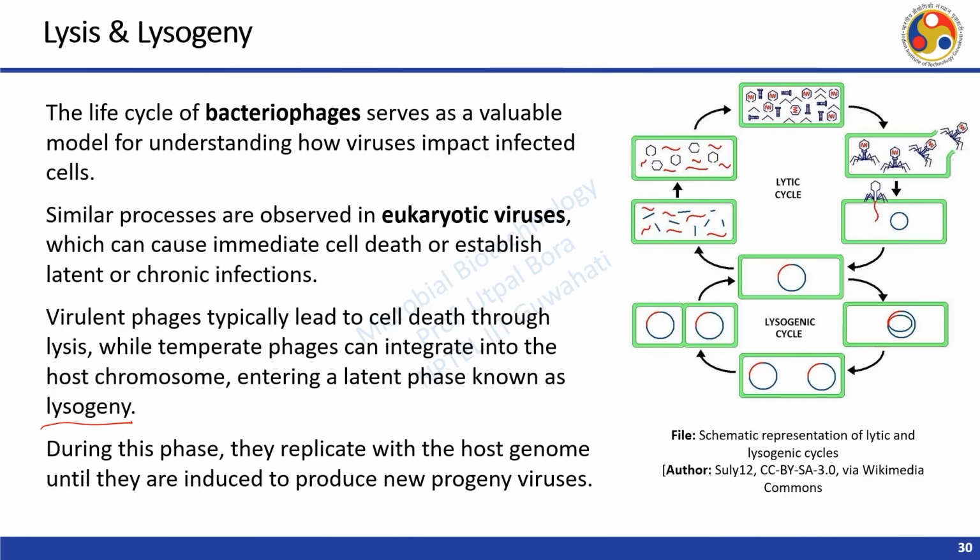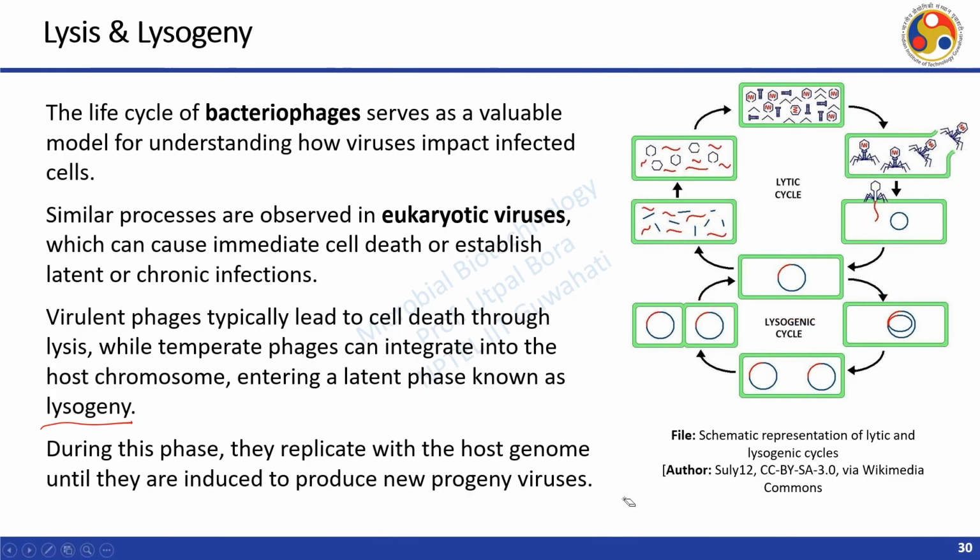So, here we can see the two different life cycles, the lytic cycle on the top and the lysogenic cycle below, and also how these two life cycles are interconnected.